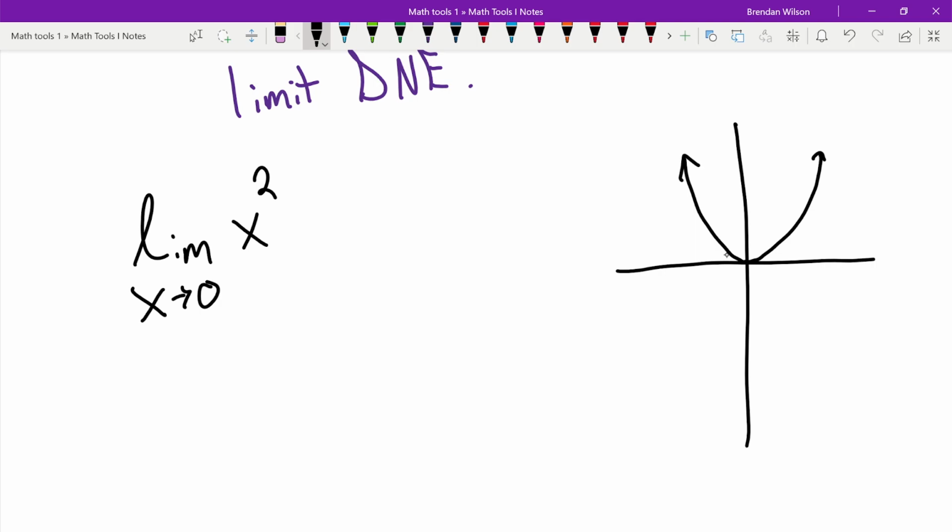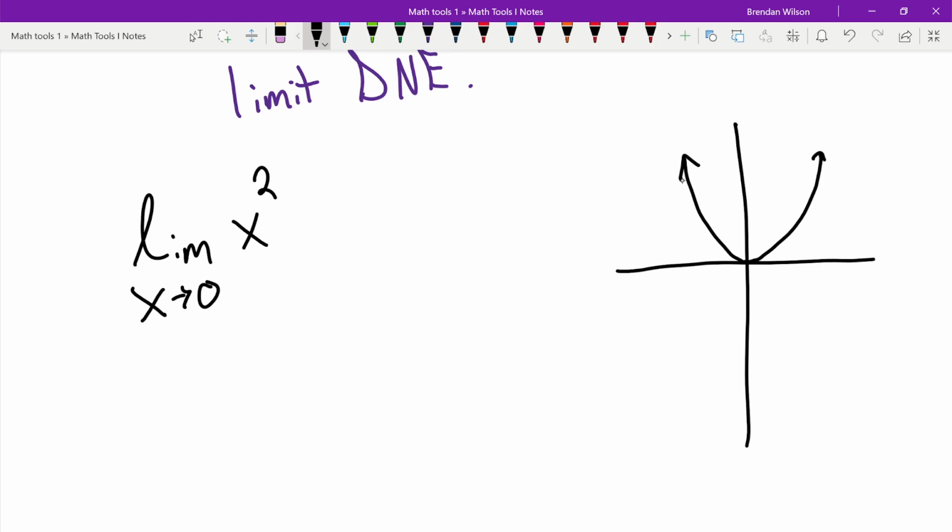Not very precise, but it has its vertex at (0, 0). So we would expect the limit of this function as x approaches 0 to be 0, because that's where the function is going. It happens to be the output of this function at 0 as well.